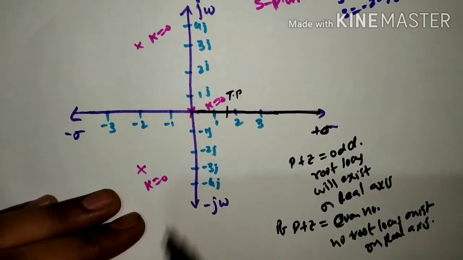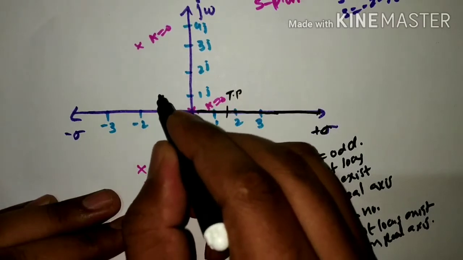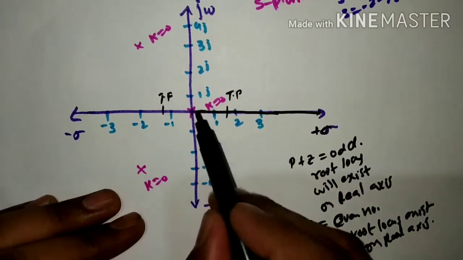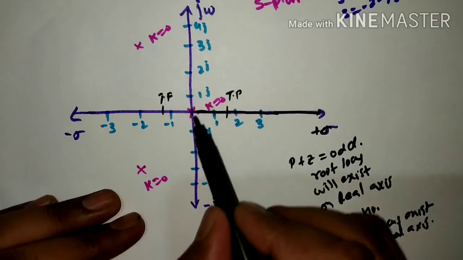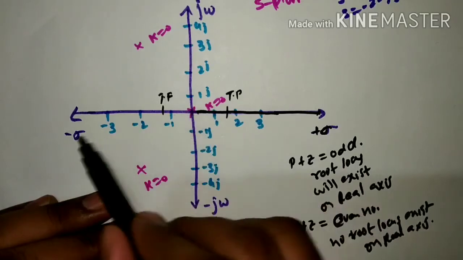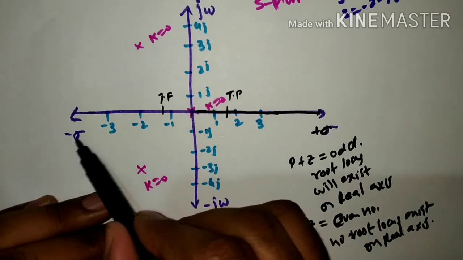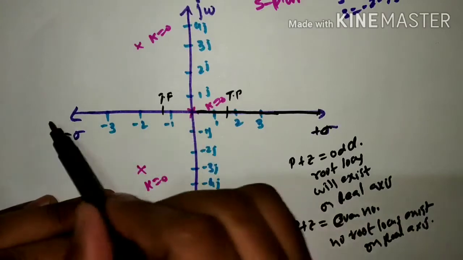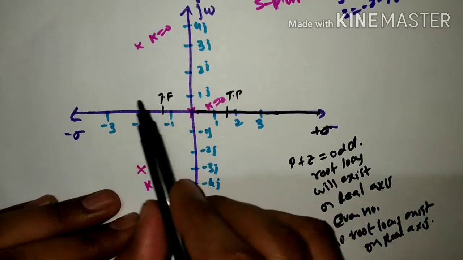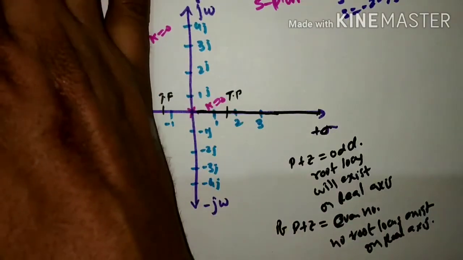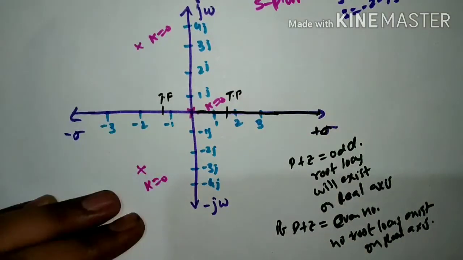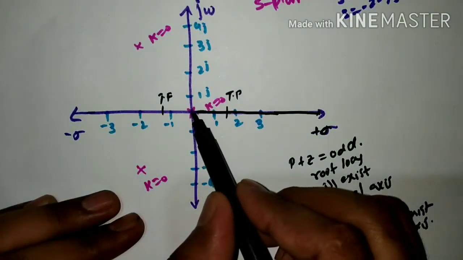Okay, we will take a test point here. I have taken a test point between this pole and minus sigma, the entire negative real part. We see that the sum of poles and zeros is 1, so only one pole is there.